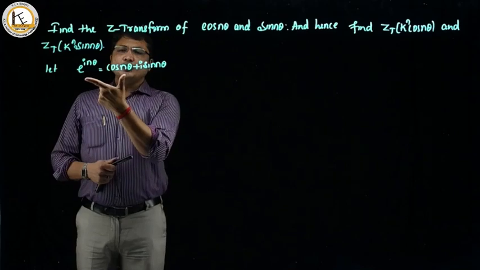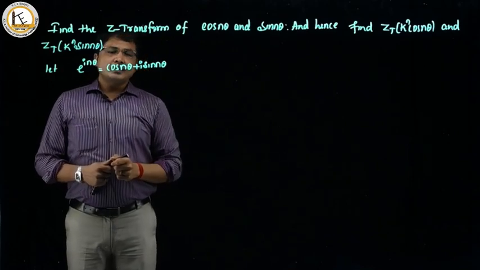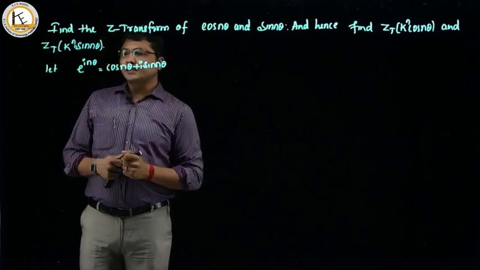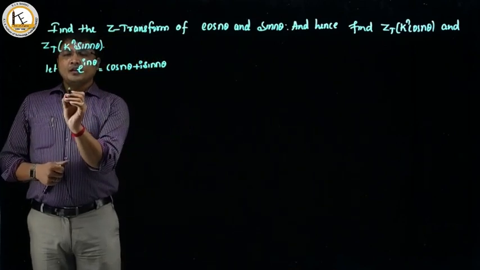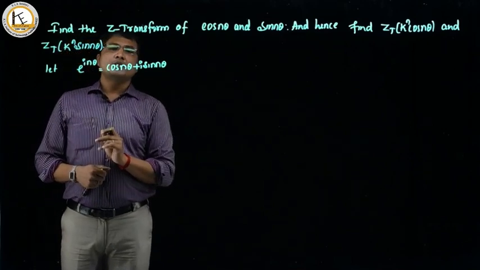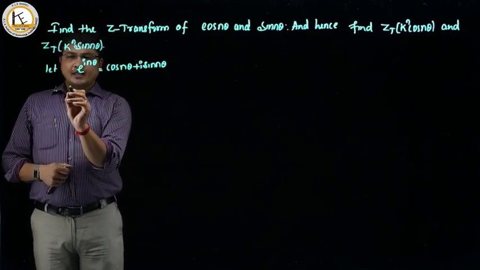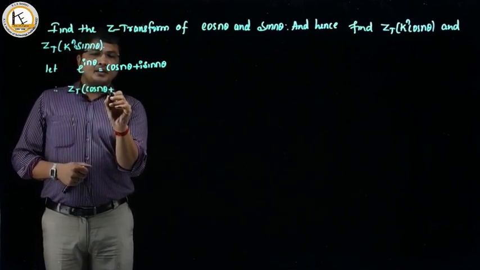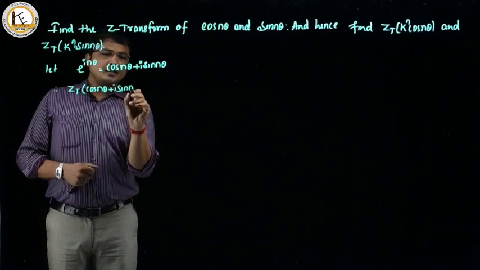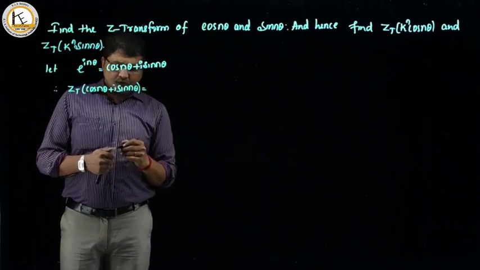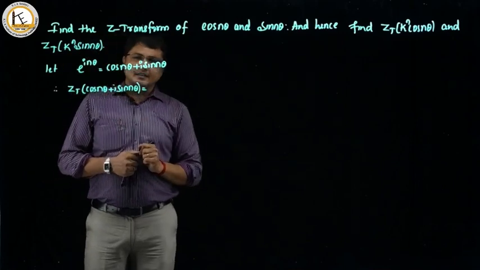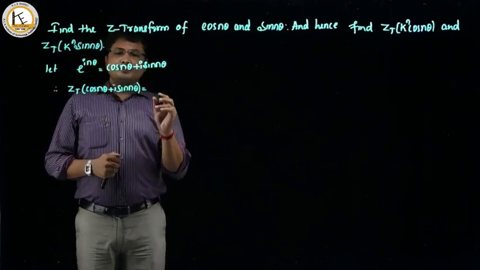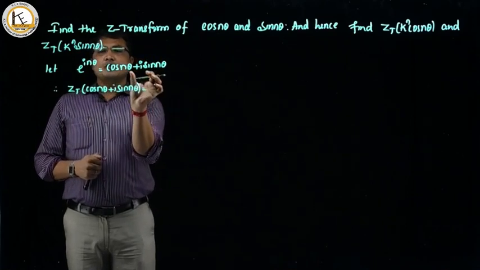So we make use of this equation and we find the Z transform of cos n theta and sin n theta together, in a single problem. So I am taking Z transform on both sides.